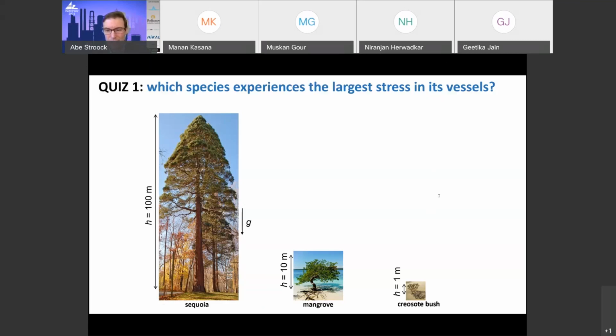Sequoia, 2 for the sequoia. Mangrove. I think you have mangrove maybe right around Mumbai. So sequoia, mangrove. Nobody likes this little bush as an option.